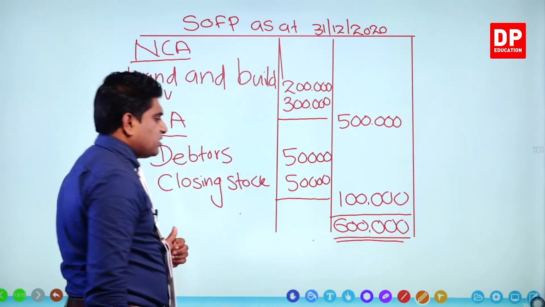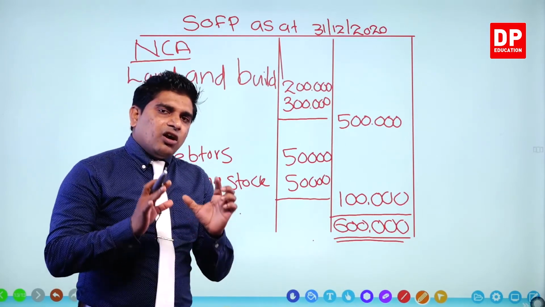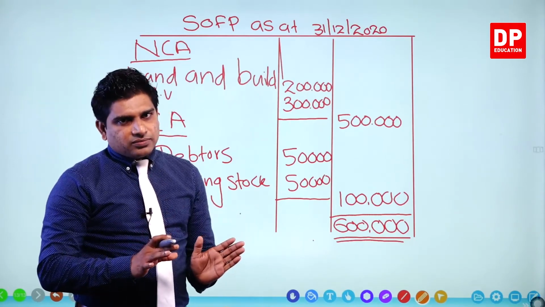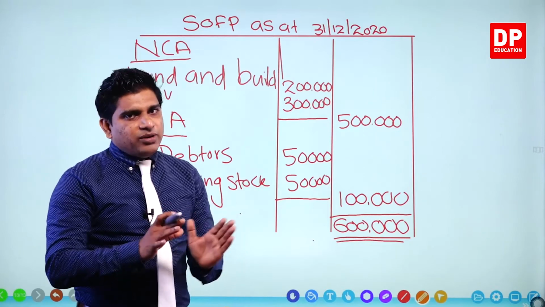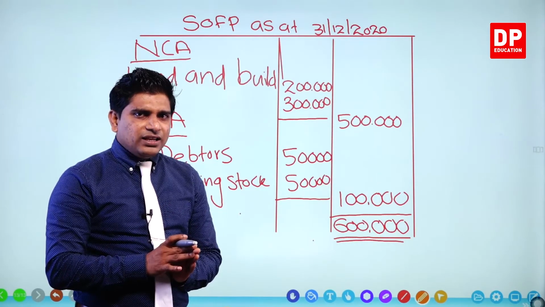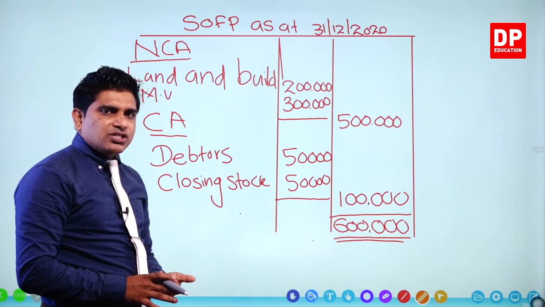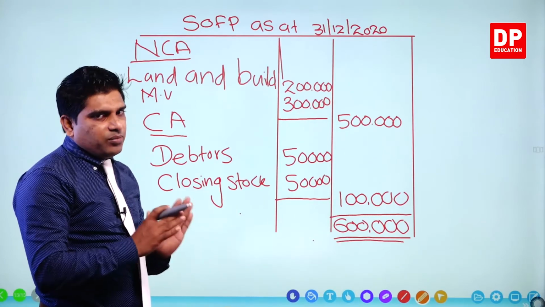Remember, according to the accounting equation theory, your total assets should be equal to capital plus liabilities. In this question, I have provided capital and liabilities also. Then we can expand this statement of financial position to enter capital details and liability details.